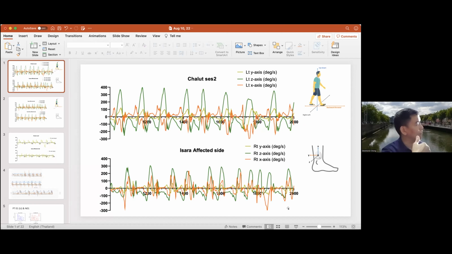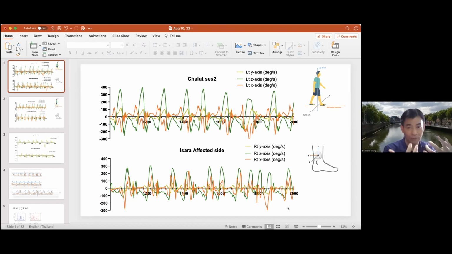But you also wanted to compare between healthy and affected, healthy subjects and stroke patients. I'm thinking, you can also look into whether there is any difference in the y-axis. Maybe it is small. If you can find a few subjects to tell yourself that the difference between the healthy subjects and the stroke patients in the y-axis is not much in terms of angular velocity, then at least you give people additional information: in future, we don't need to look at the y-axis.